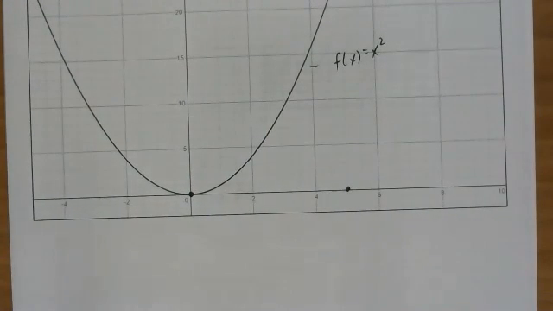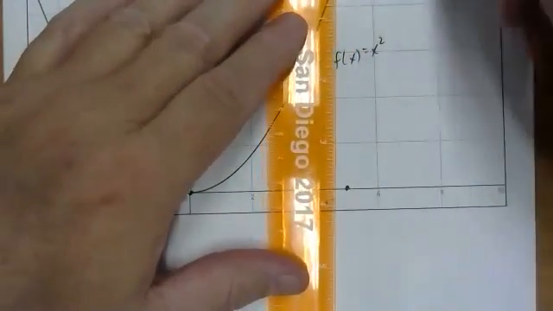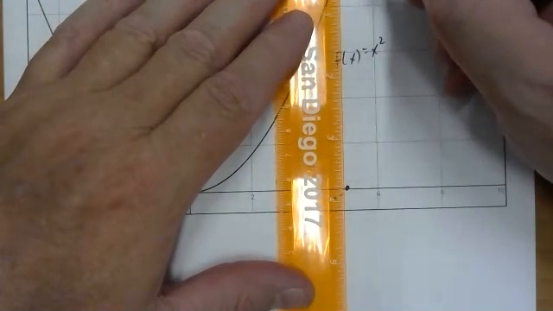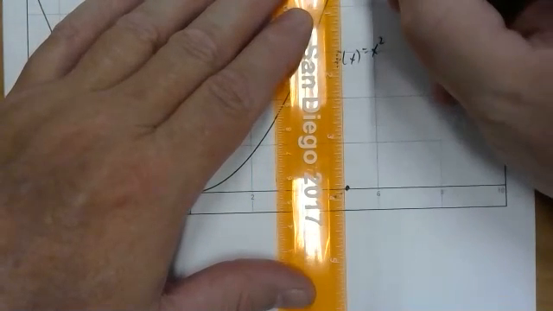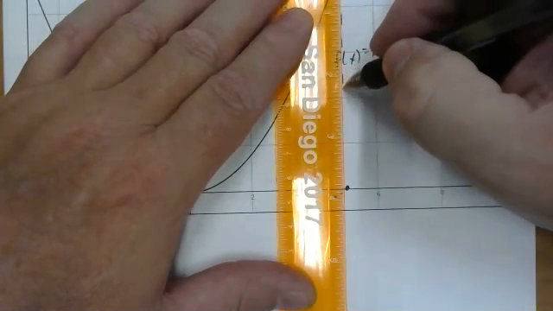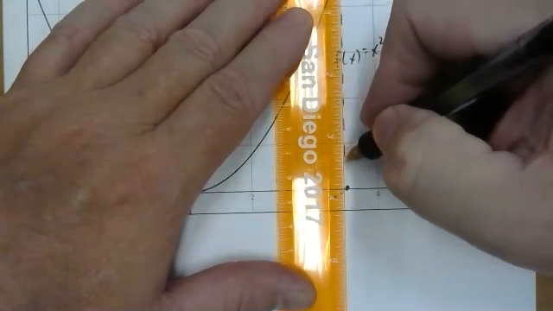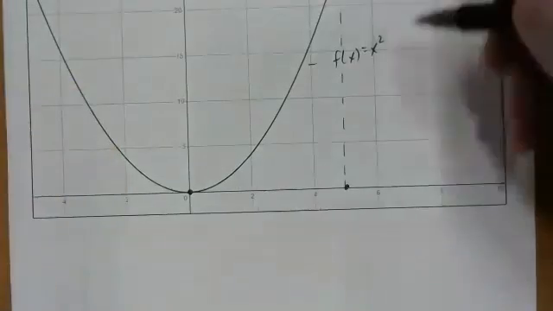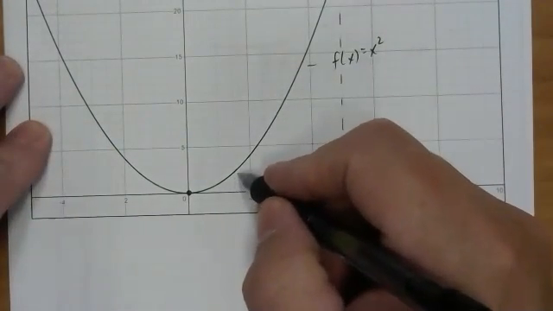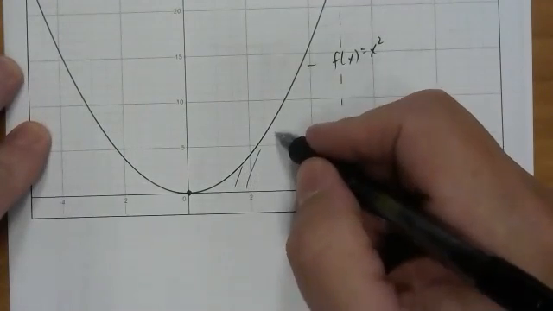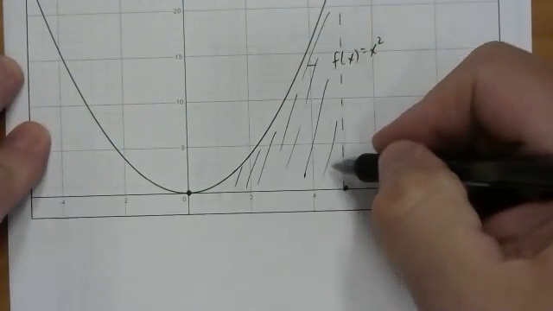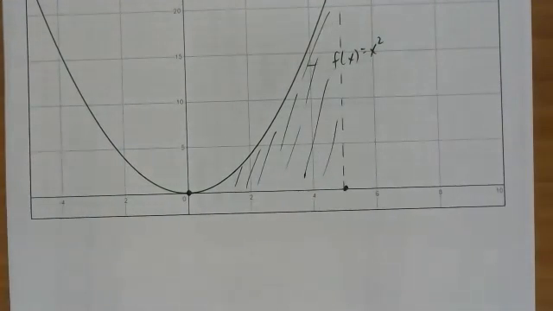Just to make this not too messy, I'll also draw a dashed line here at 5. So we're going to use this integral to find this area.